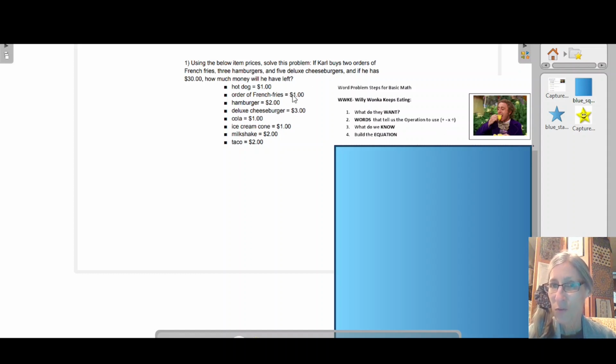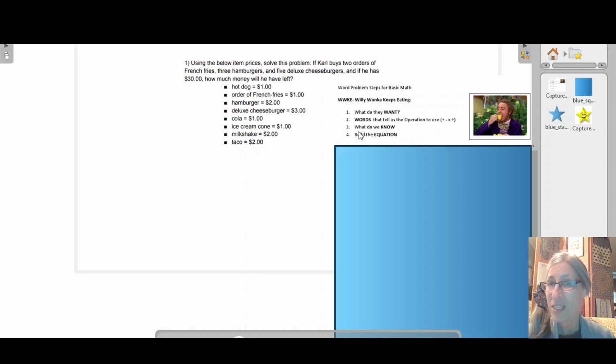So we have to look for words that tell us what operation to use. And this isn't an operation in a hospital. This is a mathematical operation. And so there'll be key words up here that'll give us a tip on what operation we need to be using. Sometimes there's more than one operation in a word problem. So we'll get to that.